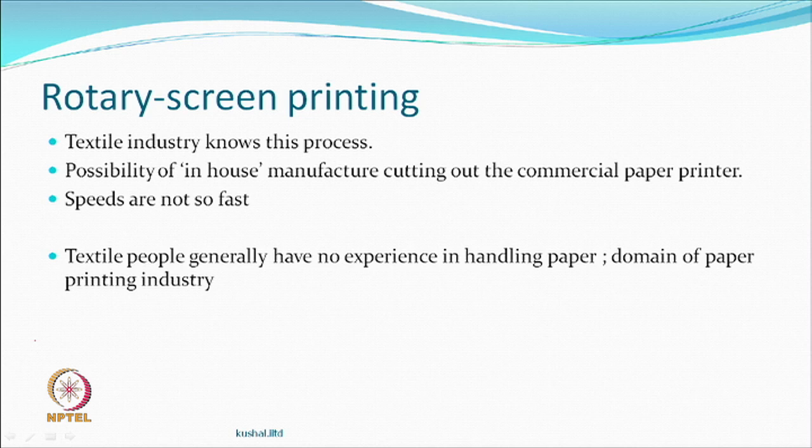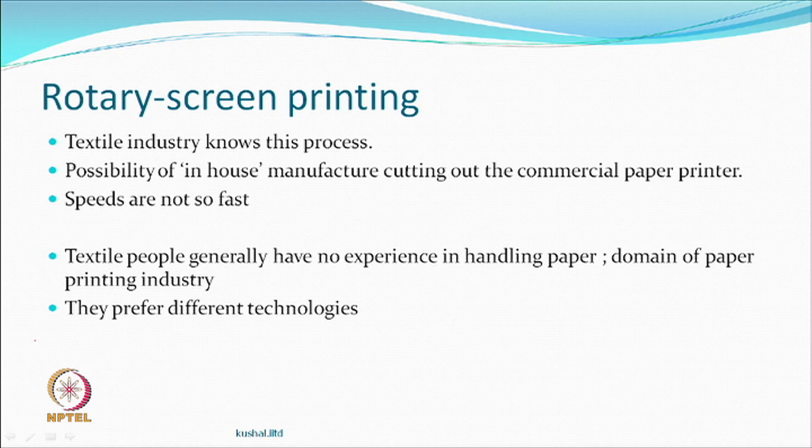It should go much faster, and so you may or may not like to use it. Therefore, in general, the people who print textile actually do not print paper, although they can do that. That is one important thing, and the paper printing industry generally has its own different technologies.